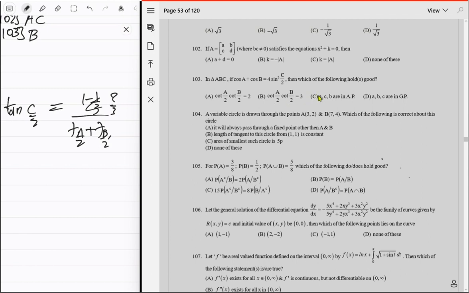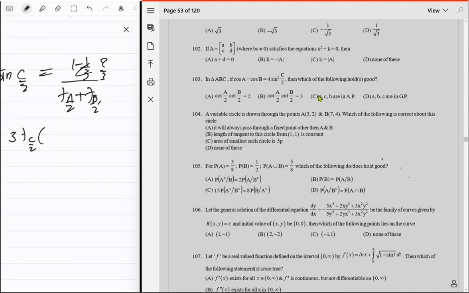I don't know, GP, AP, I have no idea how to do this. It's just tan of C upon 2, it's 2/3 over there. God, I don't get it. Like 3 tan of C upon 2 and then tan of A upon 2 sin of A is equal to that.